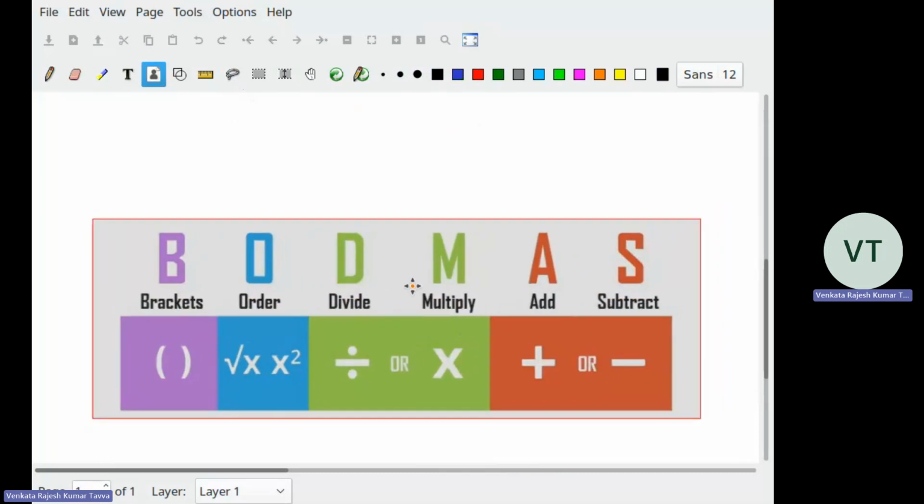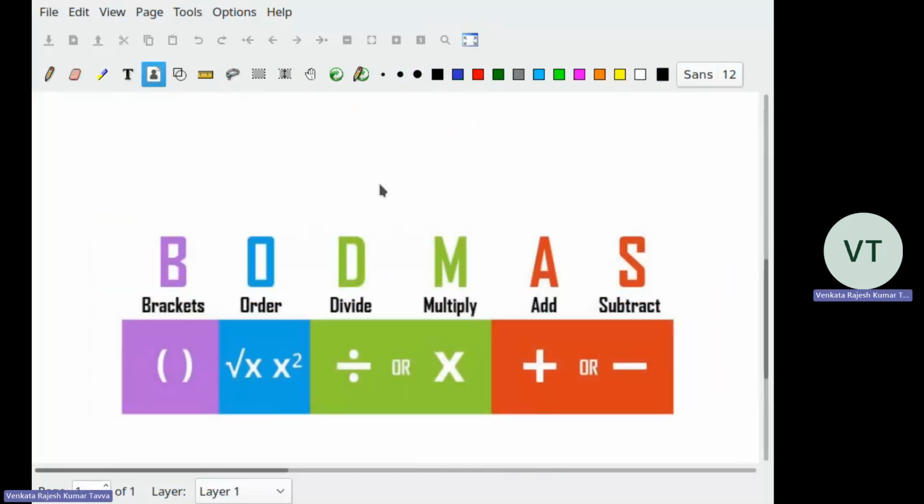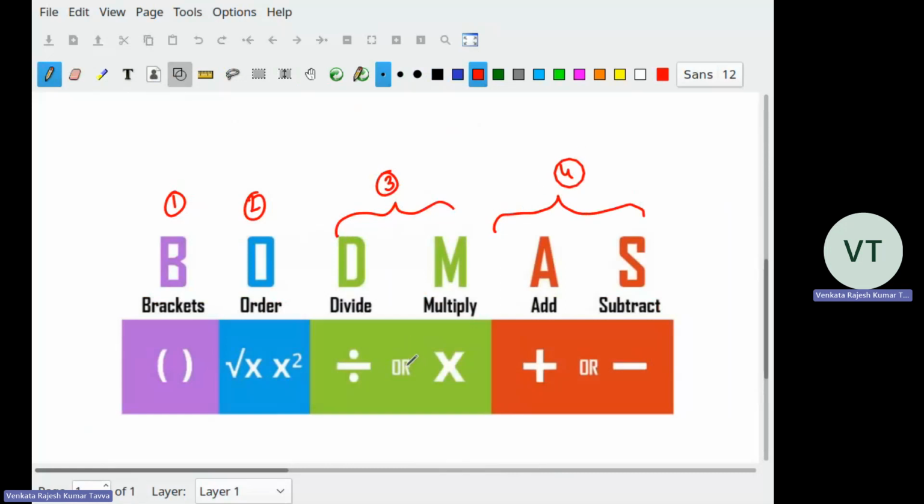So according to this, if you notice carefully, there is a color coding. All right. So here, what is it saying? Suppose this is one set, this is another set. These 2 together have the same precedence. Then these 2 together have the same precedence. So 1 is greater than 2 is greater than 3 is greater than 4.